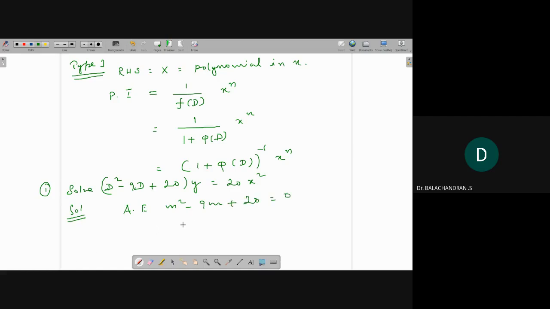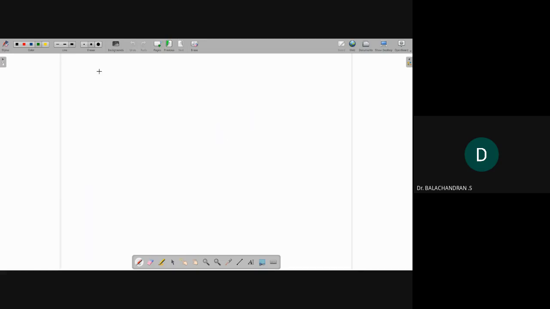So m minus 4 into m minus 5 is equal to 0, so m equal to 4, 5. The roots are real and distinct, and hence the complementary function is equal to c1 into e power 4x plus c2 into e power 5x. If you know how to solve this problem, you can proceed. There is no need to write for me. Once you get the idea, you can go ahead.